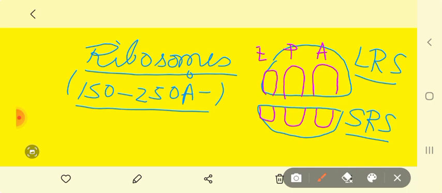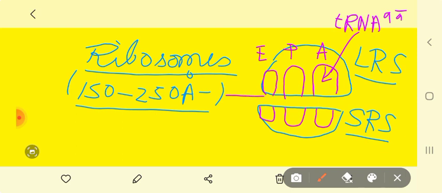The A site is called the aminoacylation site, because at this site the charged tRNA, the tRNA carrying its specific amino acid, will come and bind by recognizing the specific codon sequence in the mRNA.